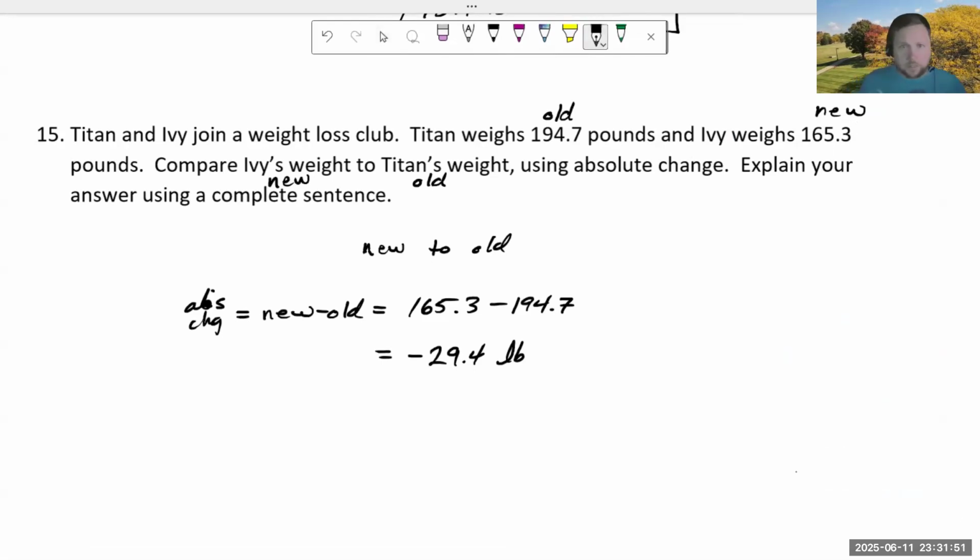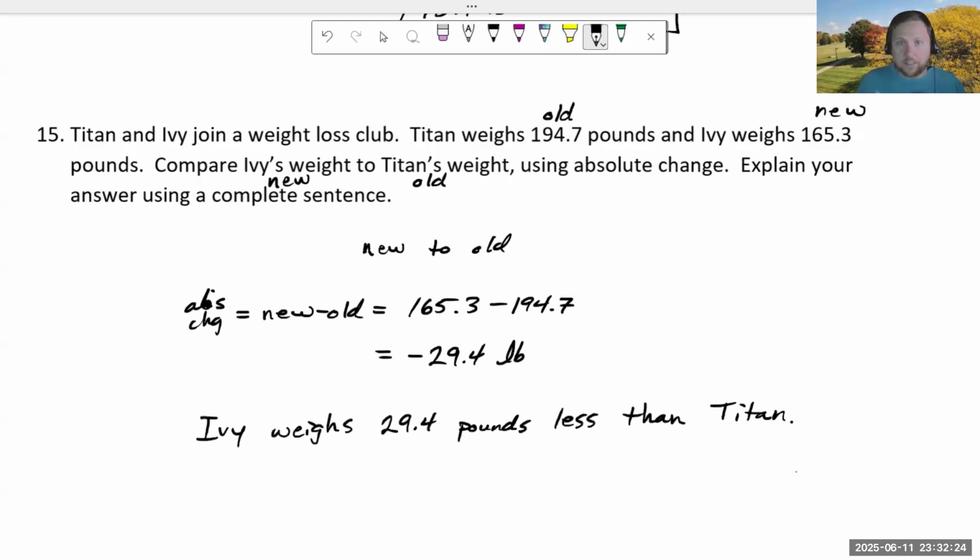So now if I want to use this in a sentence, I could say something like, Ivy weighs 29.4 pounds less than Titan. So I got this, and then here's the other part of my answer.